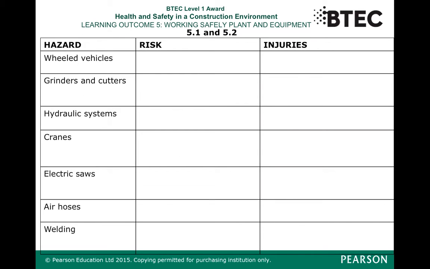The next thing we're going to do is have a working example now. I know I've given you something to do in the slide before, but now let's put that into context. So we've got a hazard. One of the hazards here, we've got a couple actually.